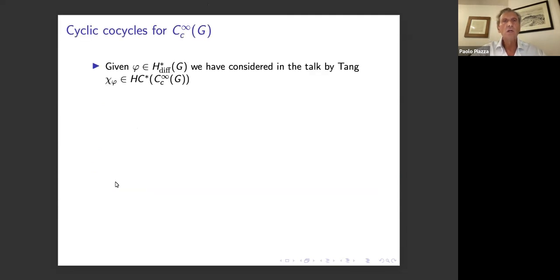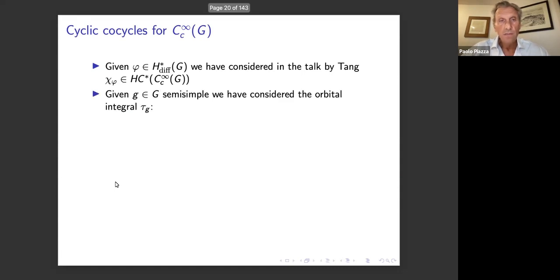Now, what we have seen just now with Shang is a series of cocycles. The first one was a cocycle that is defined taking the differentiable cohomology of G. Then remember that we also have the orbital integral. If g is a semi-simple element, the orbital integral is defined in this way.